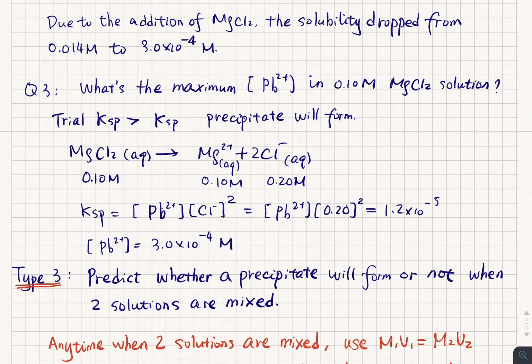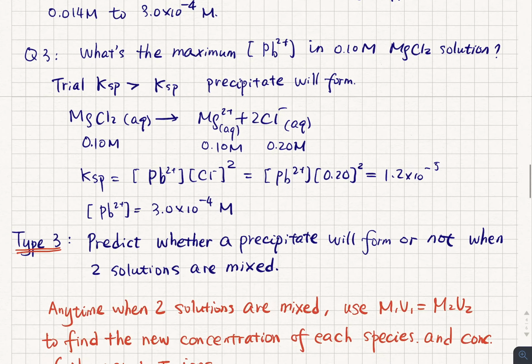The Ksp expression is Pb2+ times chloride squared. And now, because we already have the chloride from the magnesium chloride, and Ksp doesn't change, we already know the chloride concentration. We can find out the lead concentration.